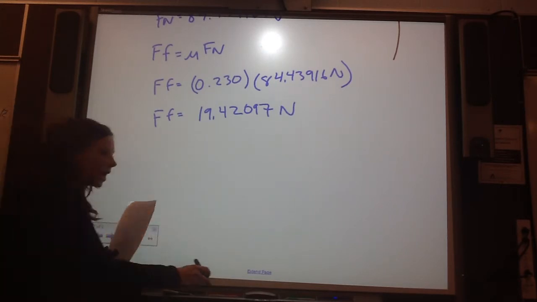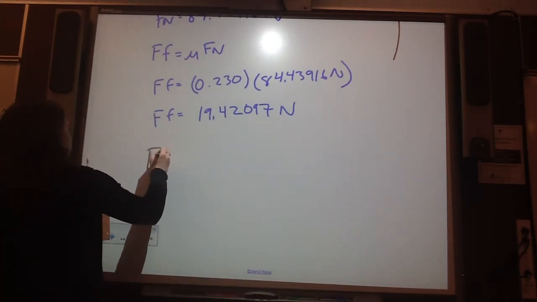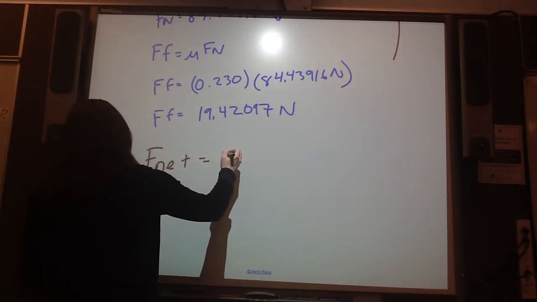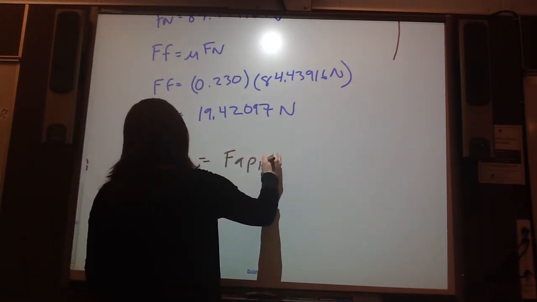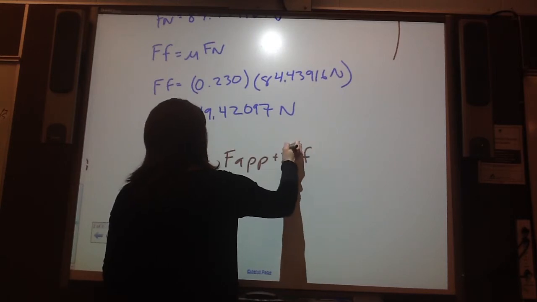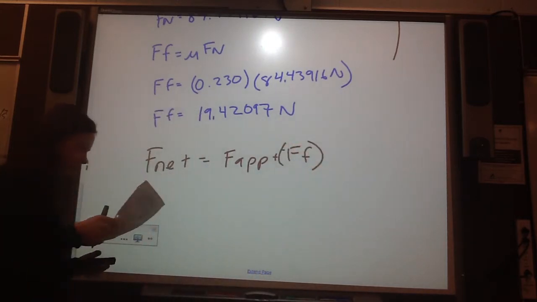Okay, so now we go back to the overall concept of F net is equal to F_app plus Ff, which we set to negative.